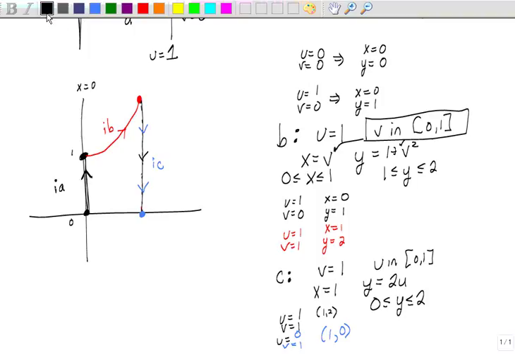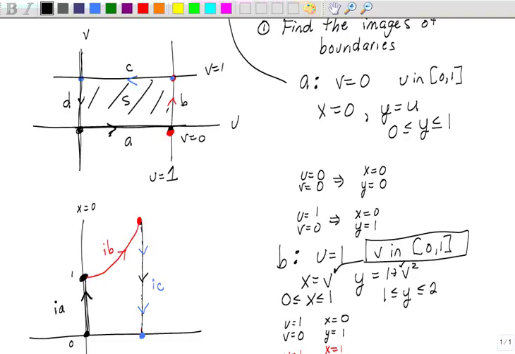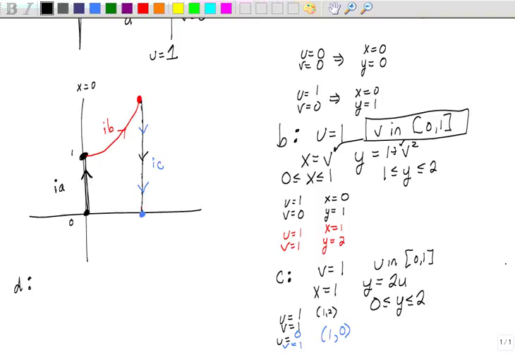And then, let's go back to black. D is over here. We're going from 0, 1 to 0, 0. So on D, u is 0 for v in 0 to 1. So x is v, y is 0. So we're on the x-axis. v is in 0, 1, so x is between 1 and 0, and we're on the x-axis.